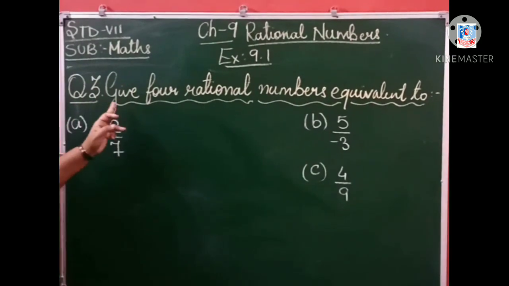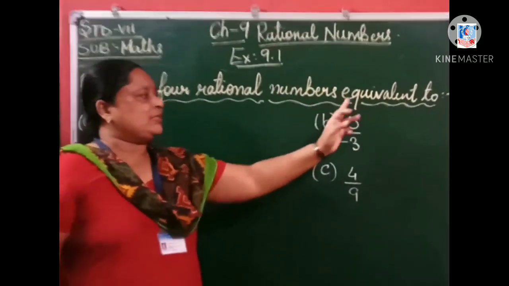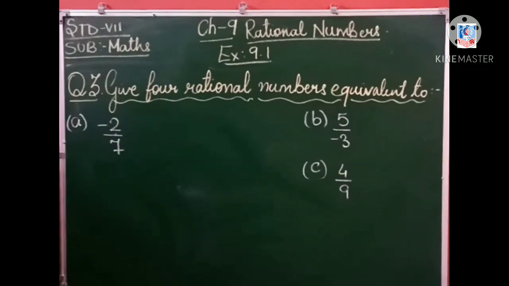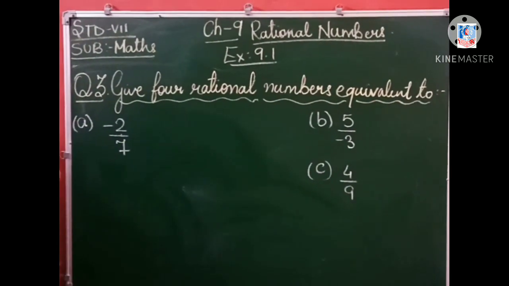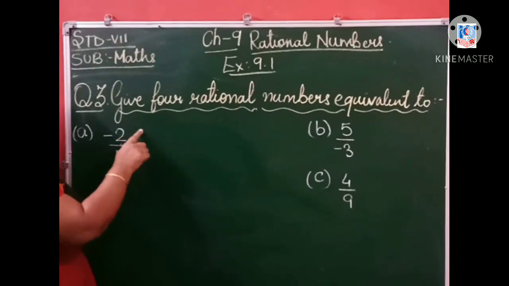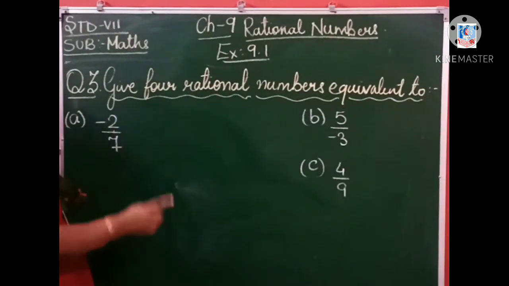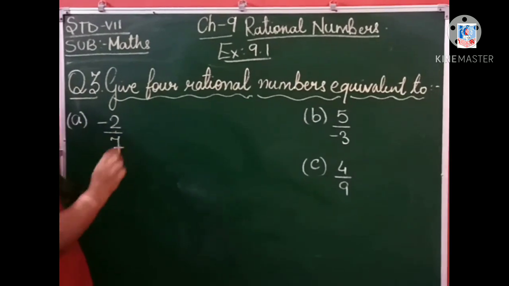Question number 3. Give 4 rational numbers equivalent to. Now you know an equivalent rational number is obtained by multiplying the numerator and denominator by the same number. Now we want 4 rational numbers here.